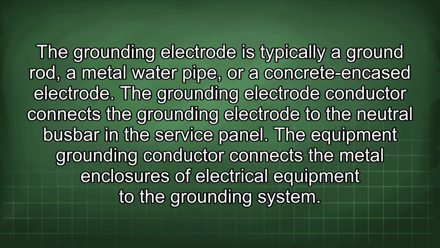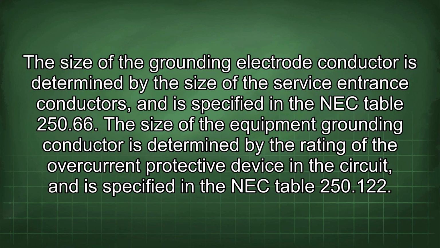The equipment grounding conductor connects the metal enclosures of electrical equipment to the grounding system. The size of the grounding electrode conductor is determined by the size of the service entrance conductors and is specified in the NEC Table 250.66. The size of the equipment grounding conductor is determined by the rating of the overcurrent protective device in the circuit and is specified in the NEC Table 250.122.